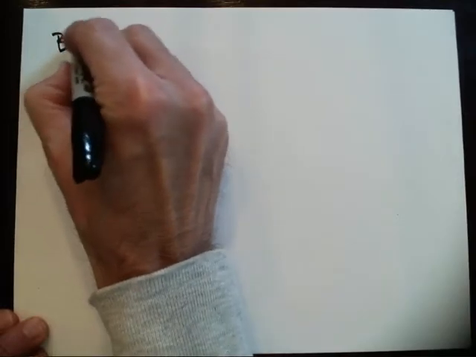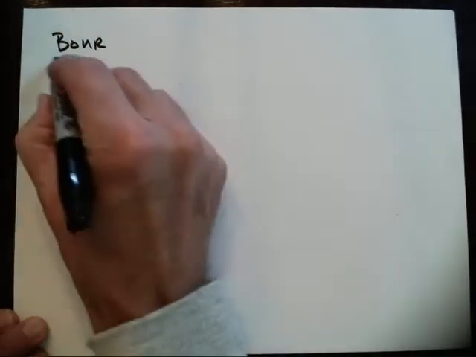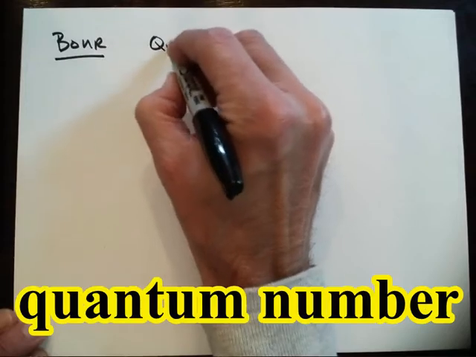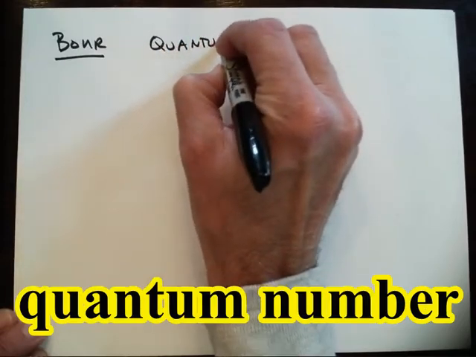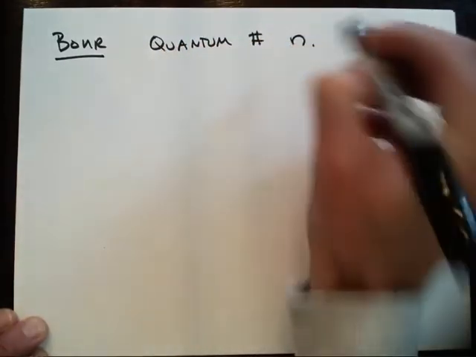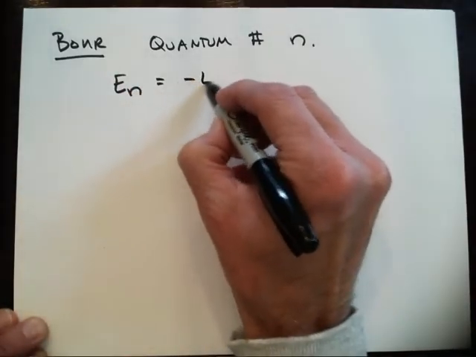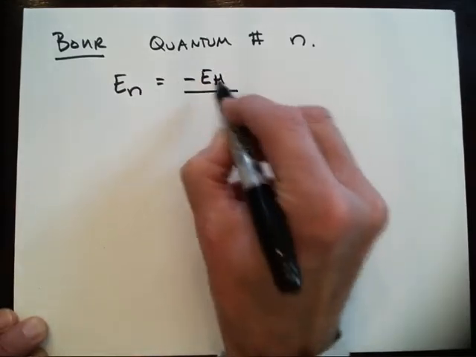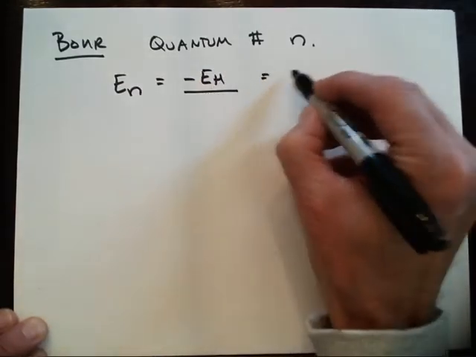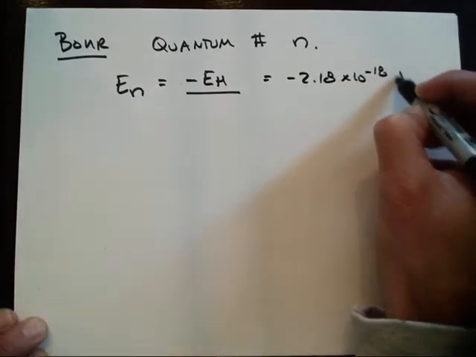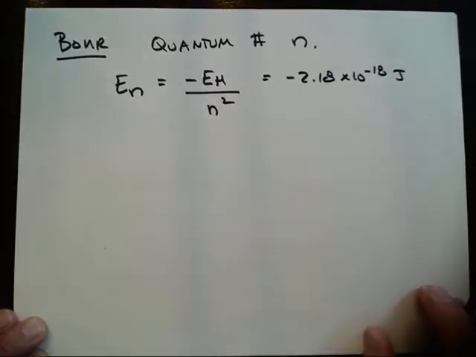Now, in the Bohr model of the atom, the energy of an electron can be described with one quantum number, and that quantum number is n. You might remember that the energy of the nth level in the Bohr model could be calculated as the minus energy of the hydrogen atom that we called negative 2.18 times 10 to the negative 18 joules divided by n squared.